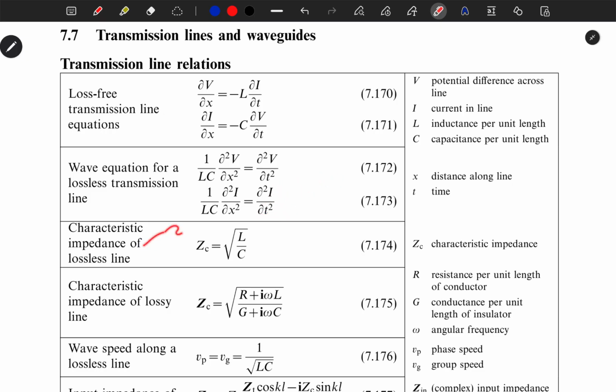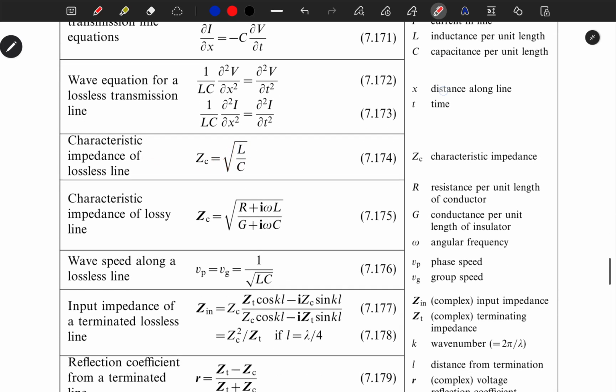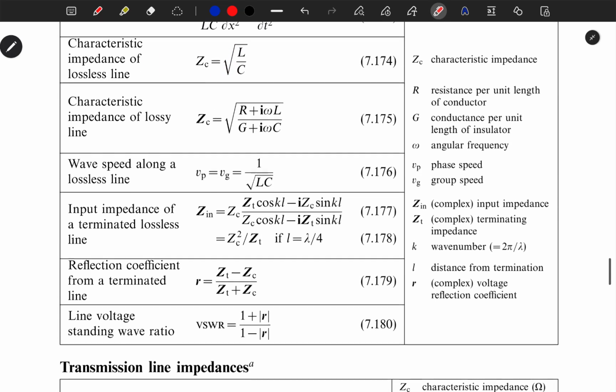Characteristic impedance of a lossless line, zc equal to root over l by c. Characteristic impedance of lossy lines, zc equal to root over of r plus i omega l by g plus i omega c. Wave speed along a lossless line, phase velocity and group velocity, equal to 1 by root over lc.